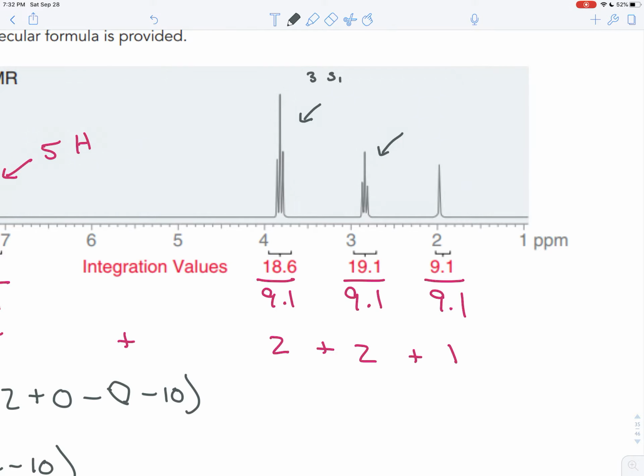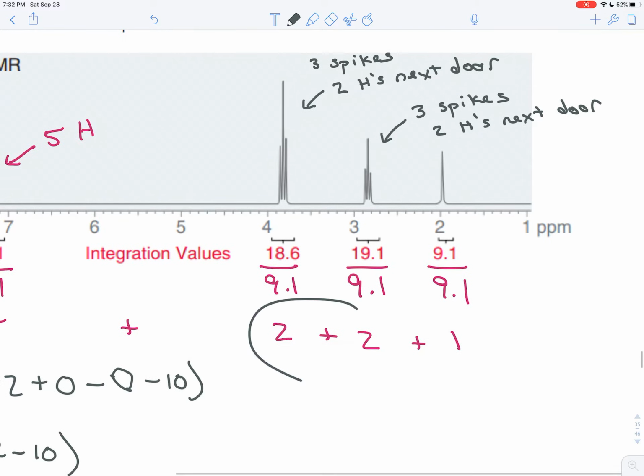So if you have 3 spikes, like you do here in a triplet, then you have 2 hydrogens next door, or adjacent. And that's the same here. We have 3 spikes, and so that means we have 2 hydrogens next door to the hydrogens represented in that peak.